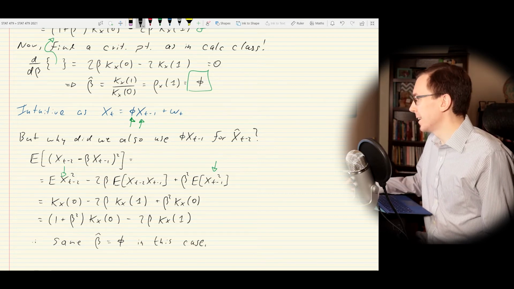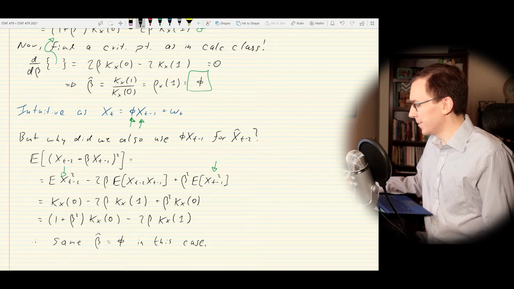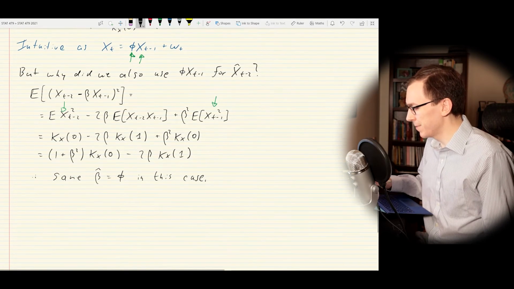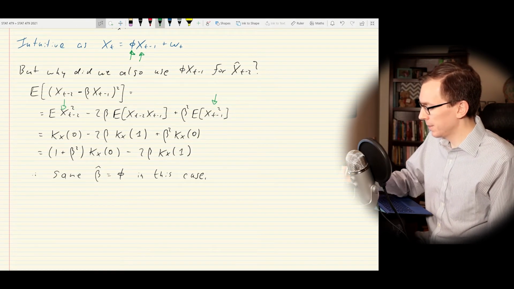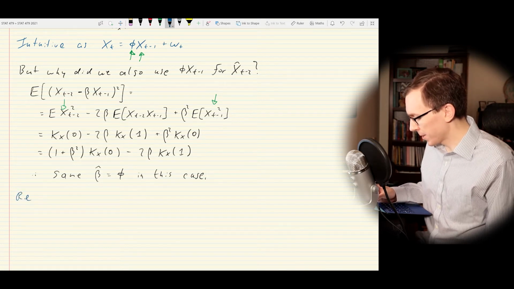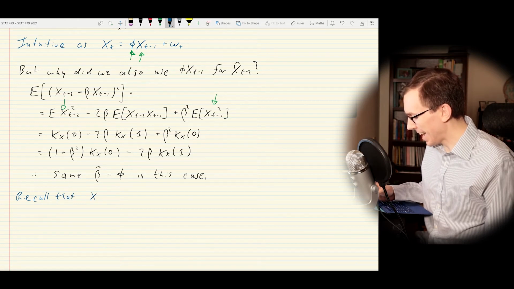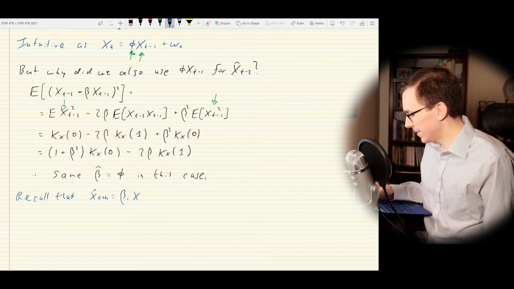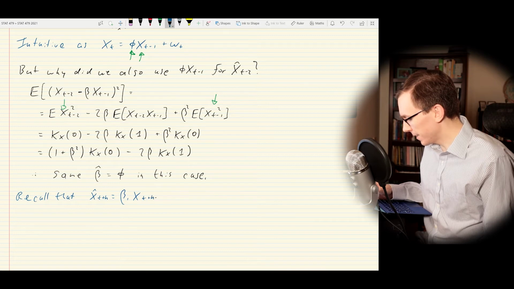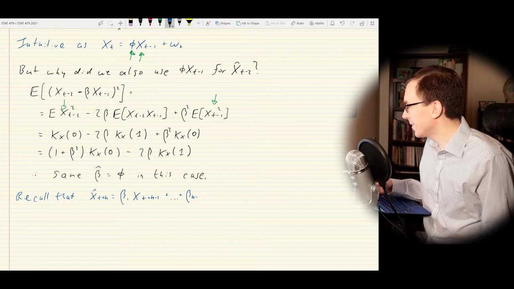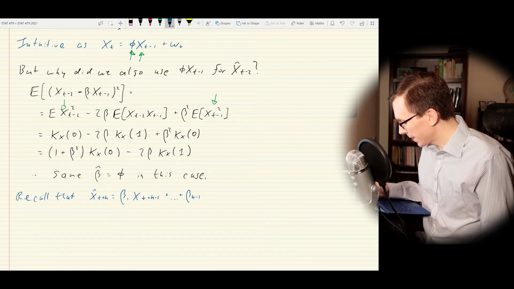And I mentioned that way back in the previous lecture, the first of this two-part series, where I said, I am recalling, that x hat_{t+h} is just going to be some linear combination of the intermediate terms that looks like this, up to x_{t+1}.